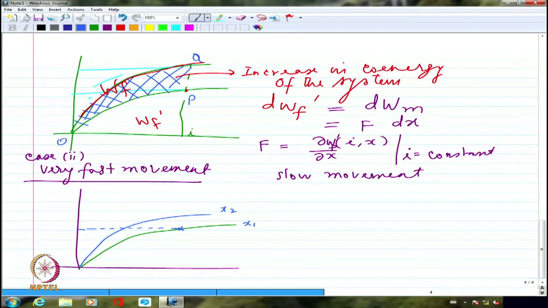But I'm doing the movement so fast that the flux linkage is not even given a chance to change. The flux linkage is remaining as a constant, almost. I'm not going to have any change in the flux linkage at all.